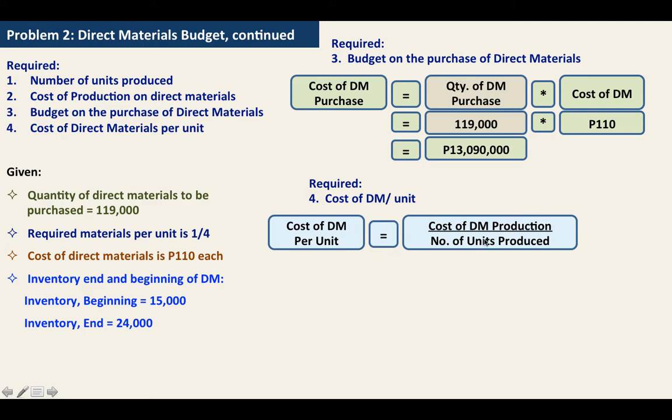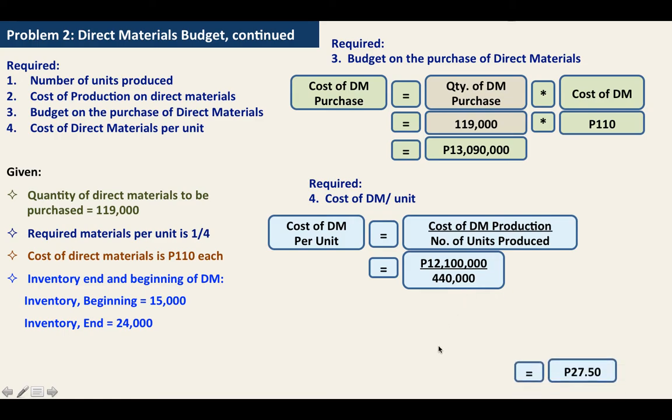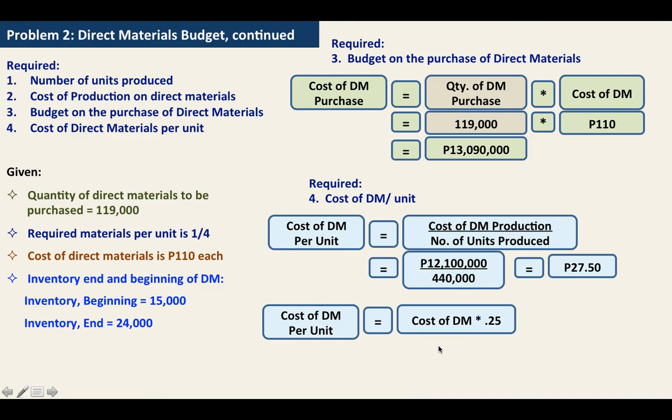Okay, next requirement is the cost of direct materials per unit. So we are going to use the cost of direct materials in production over the number of units produced. Okay, so here we have 12,100,000 and the number of units produced is 440,000. So the cost is 2,750. We can also use this, okay, class? We can also use this based on the given.